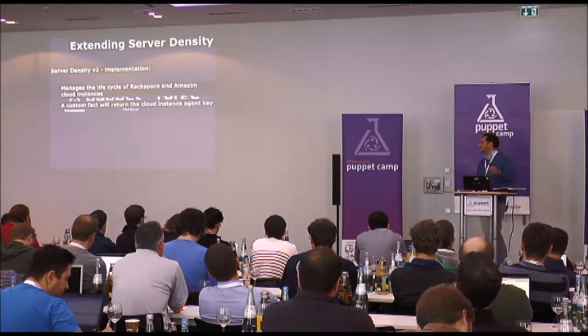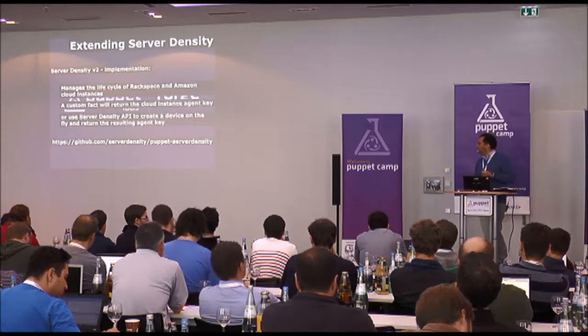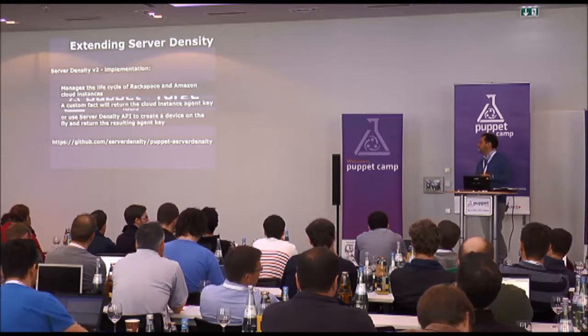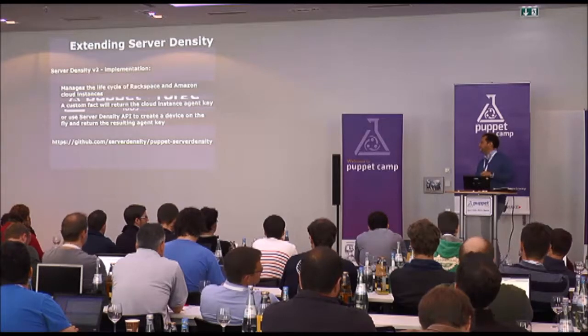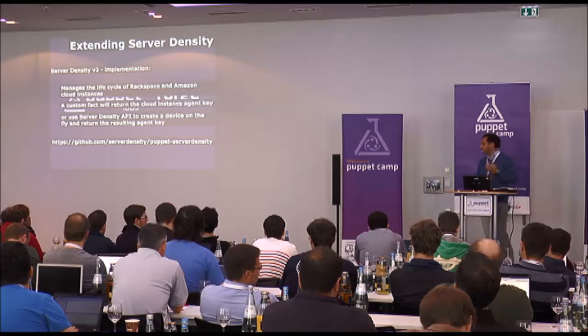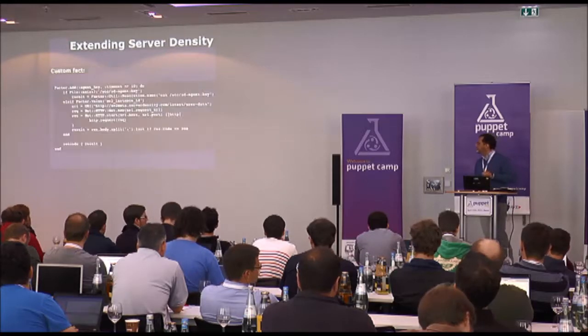This custom fact will report the key itself, and then use the Server Density API to automatically create the device on the fly, and then also return that agent key.